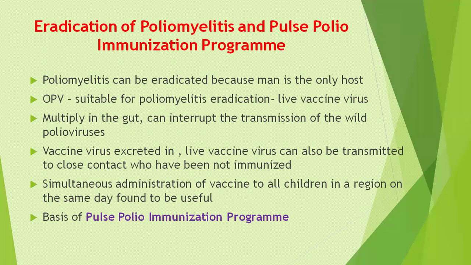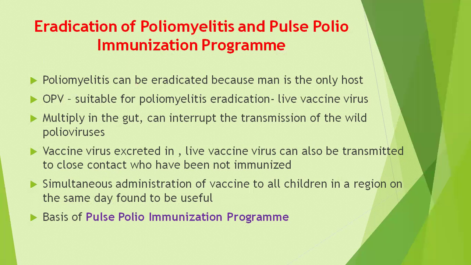Next, eradication of poliomyelitis and the Pulse Polio Immunization Program. Poliomyelitis can be eradicated because man is the only host. Here OPV is suitable to eradicate poliomyelitis because it is a live vaccine virus.